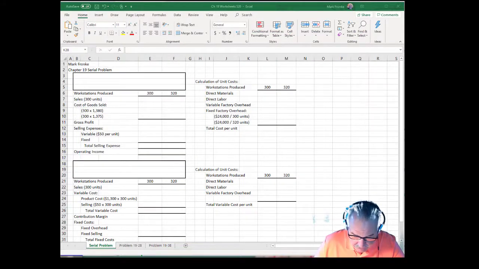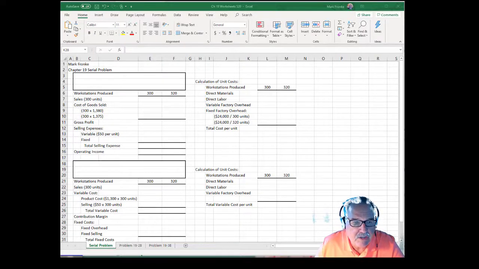So we're going to first calculate the unit cost both in total for our absorption income statement and just the variable cost, because we know that the variable cost is going to go up or down based on the number of workstations that we manufacture, and the fixed costs will stay the same. In effect, in a variable cost income statement, we're just expensing the fixed costs.